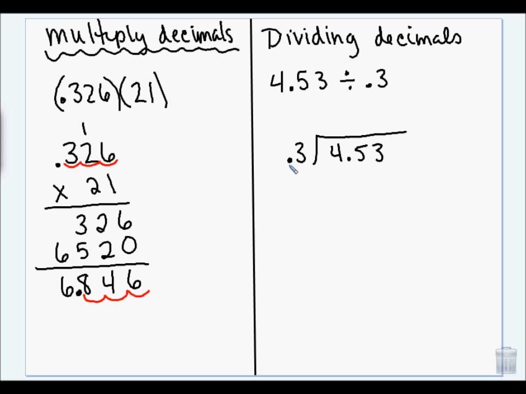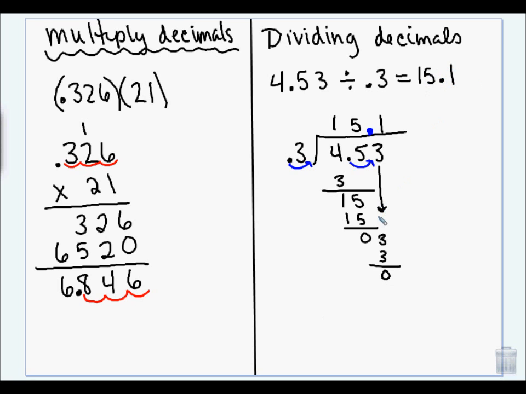And I cannot actually divide by a decimal, so if this has a decimal, I have to move it. So if I move this once, I move this once, and then you bring your decimal straight up. 3 goes into 4 once. 3 goes into 15 5 times. 3 goes into 3 once. So my answer is 15.1.